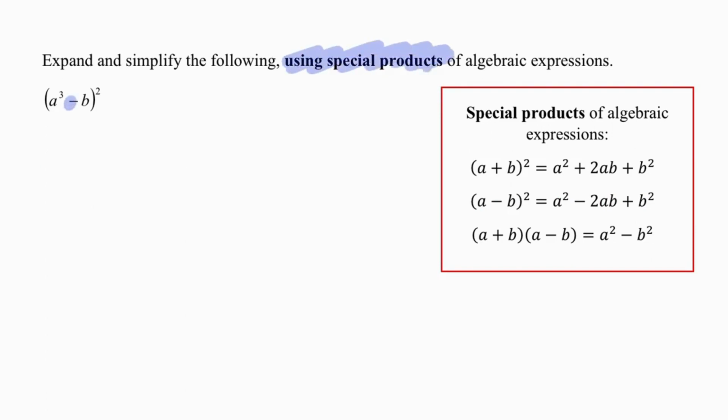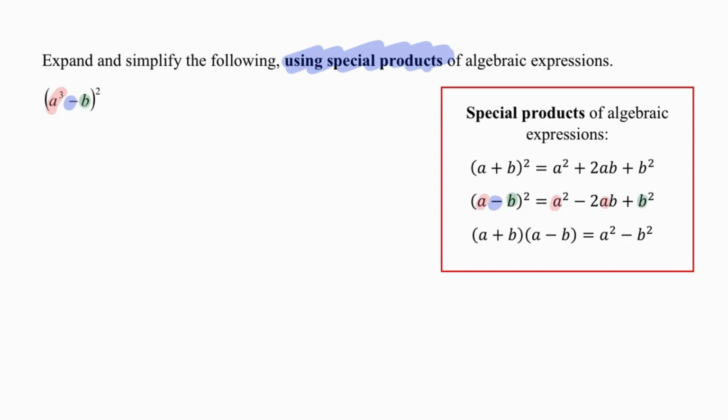Expand and simplify using the special products of algebraic expression, and I see a minus. You must choose the correct algebraic special product, okay? And therefore later on you will see me substituting my a with a cubed and my b with b.